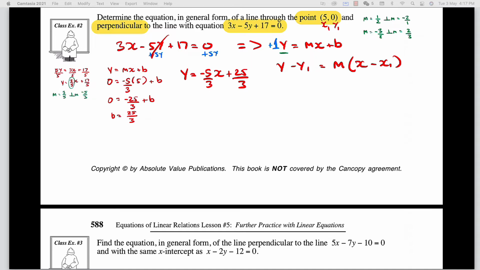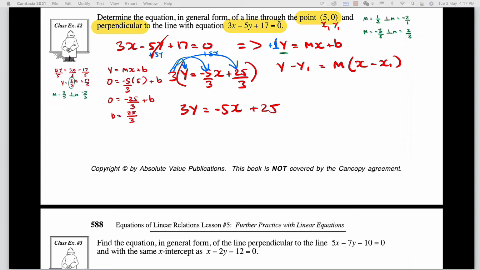So I'm going to multiply everything in here by 3. So essentially it's like 3 times y, which is 3y, equals 3 times negative 5 over 3, which is just negative 5x. And 3 times 25 divided by 3 is going to be plus 25.